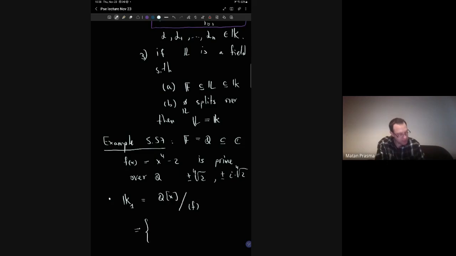This set Q[x] modulo f, we also denoted it as Q[x] sub f. This is an analogous notation to Z_n, right? And this is analogous notation to Z modulo nZ.